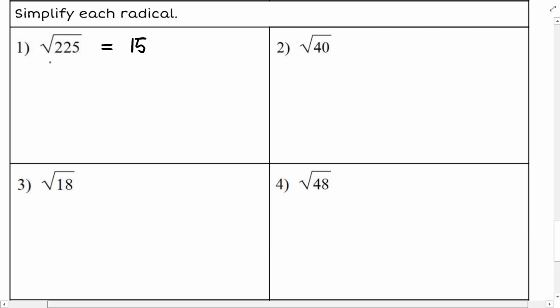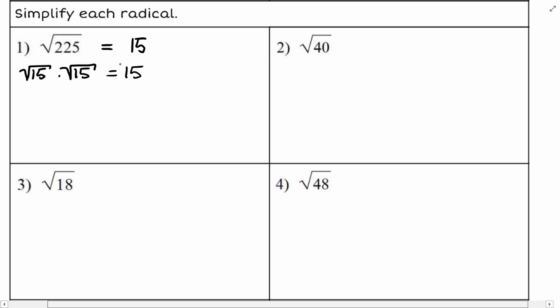This could also be rewritten, though, as the square root of 15 times the square root of 15, because 15 times 15 is 225, and the square root of 15 times the square root of 15, of course, is itself, 15. We're done. Now, that one was definitely pretty easy because it was a perfect square, and the majority of what we're working with is not perfect squares.